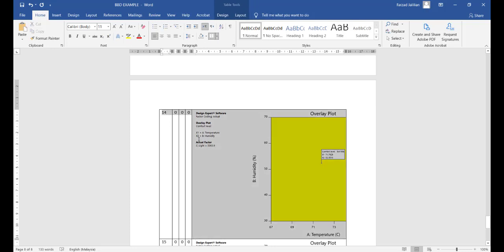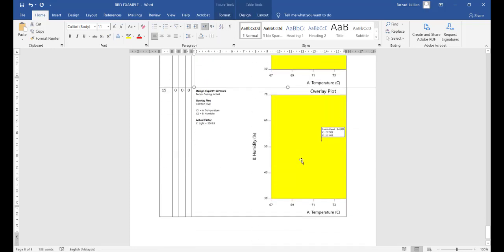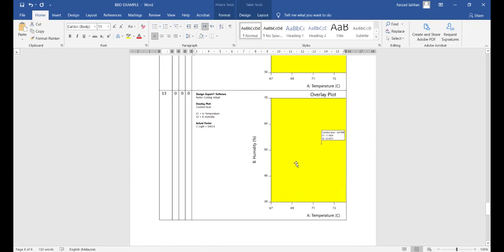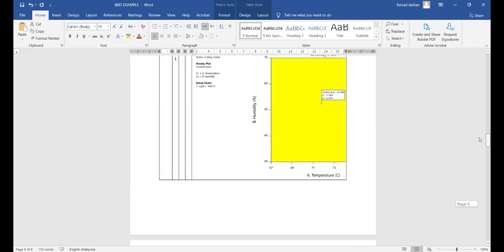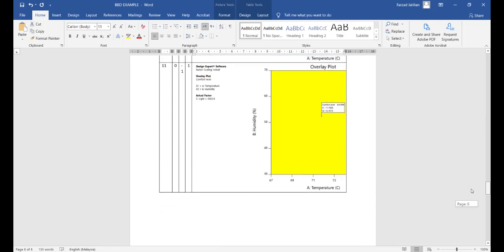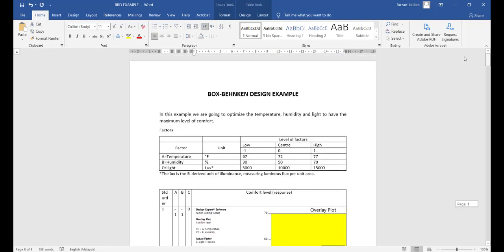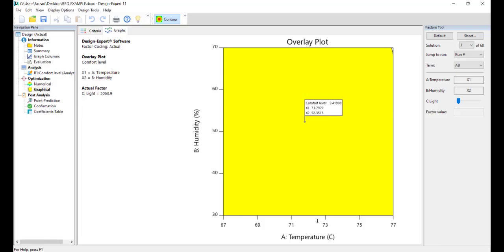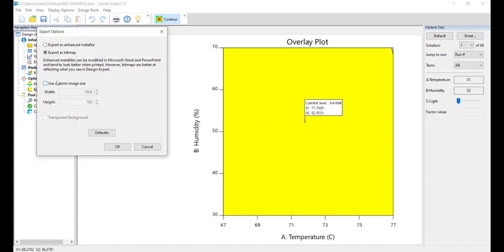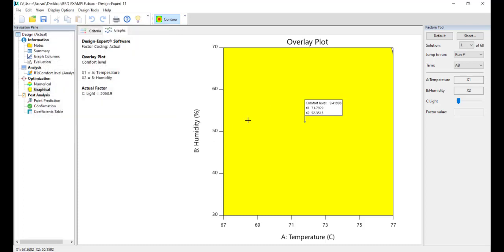You need to modify the graph, however it is exported, because when we want to export it, we also need to select what we need to export. You can choose here which type to export as. It is better if you export as enhanced metafile with higher quality.